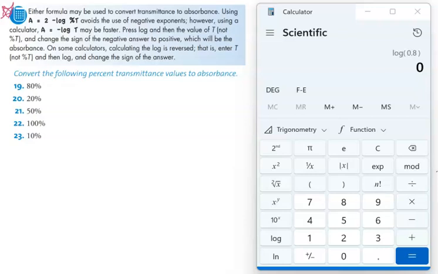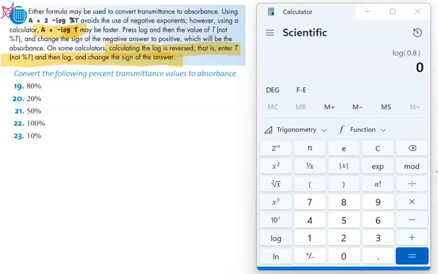We're going to be working with the A equals negative log T formula. Some calculators are different than others, but I found most often that the calculators that I've worked with are going to use the method where you put in the T first and then you hit the log key and then change the sign at the end. So that's most likely what your calculator is going to need you to do.